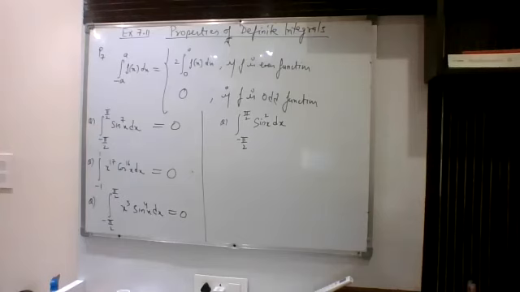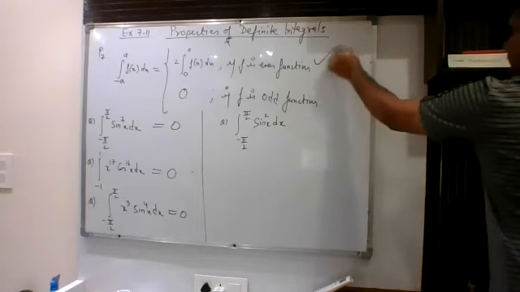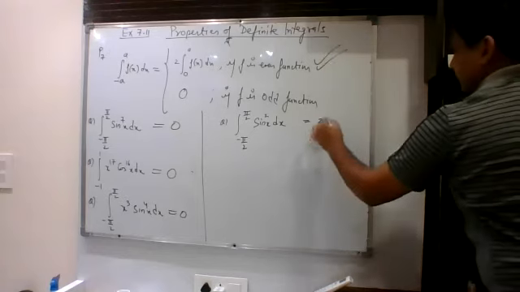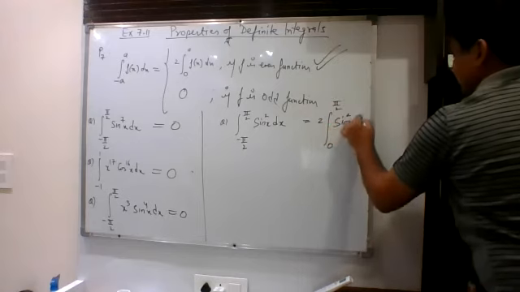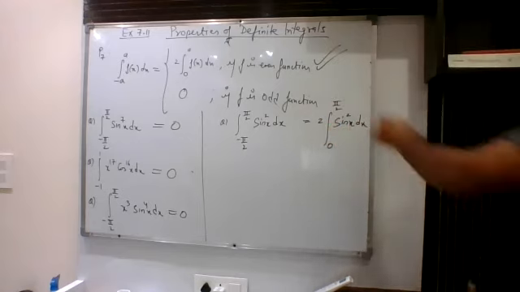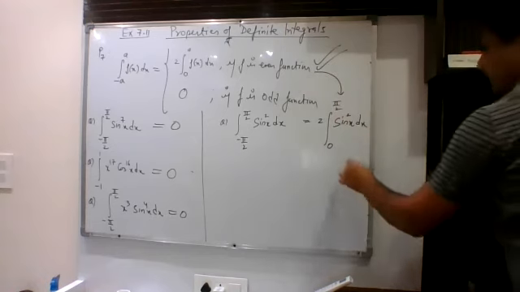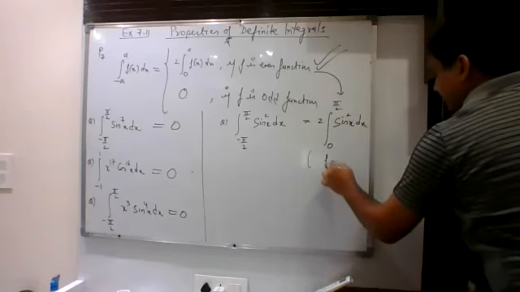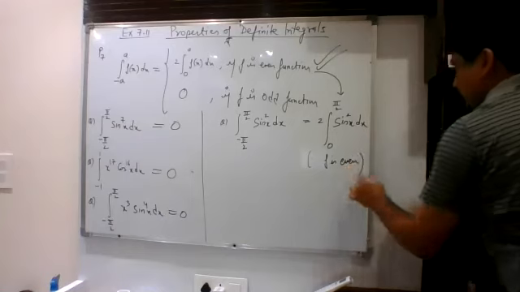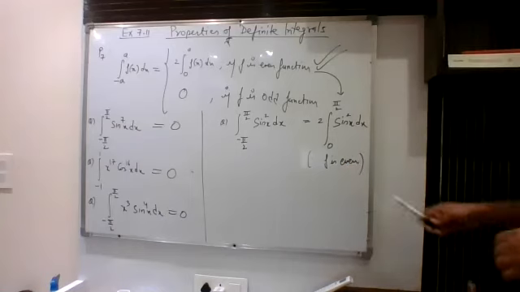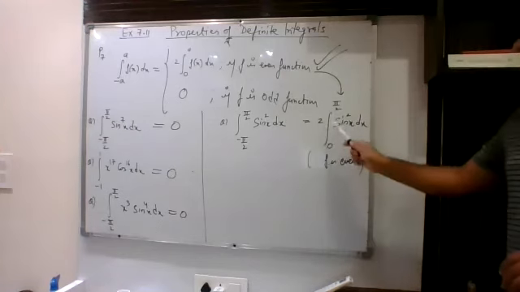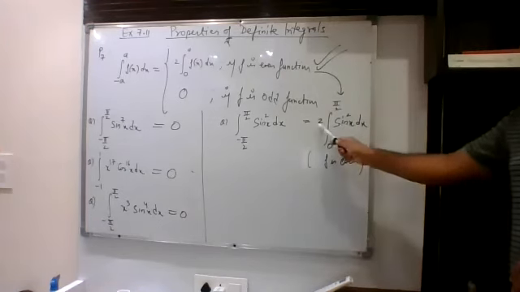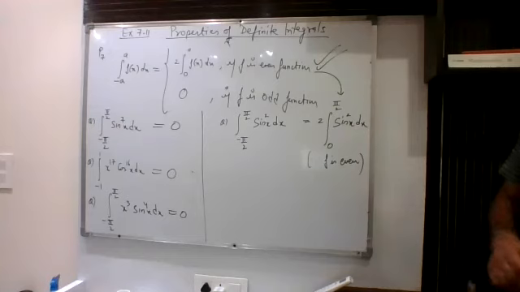So sin square x is an even function. So if I use this property, then I can write this as 2 times the integral from 0 to 90 of sin square x dx, because f is even. So what does the property say? It says 2 times the integral from 0 to a of f(x) dx.